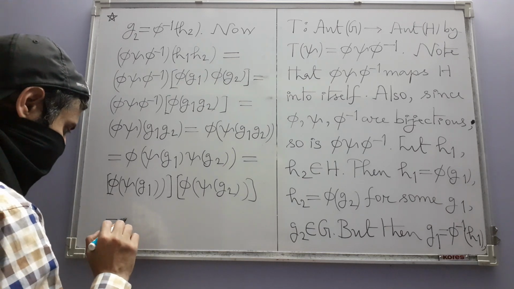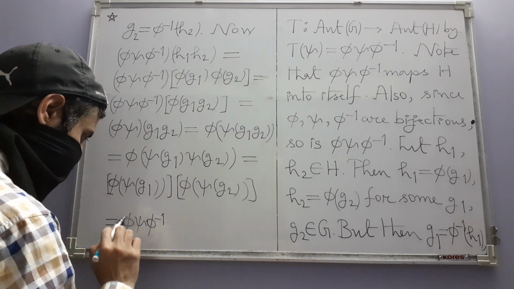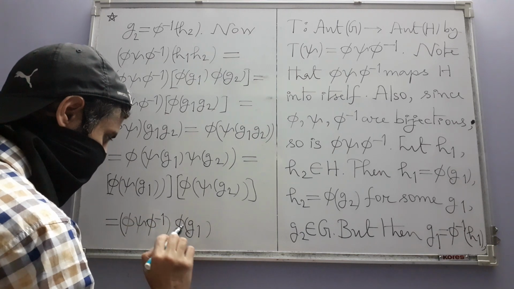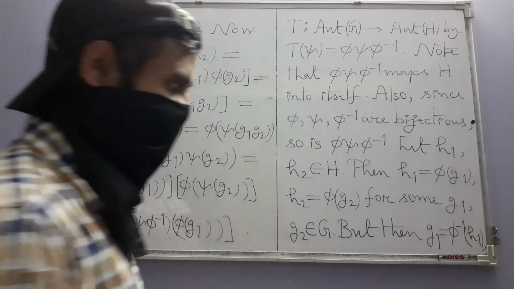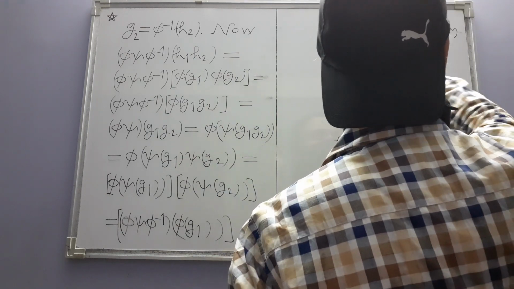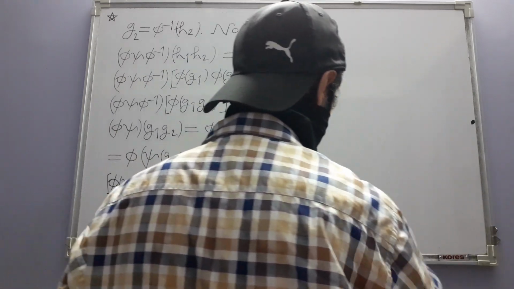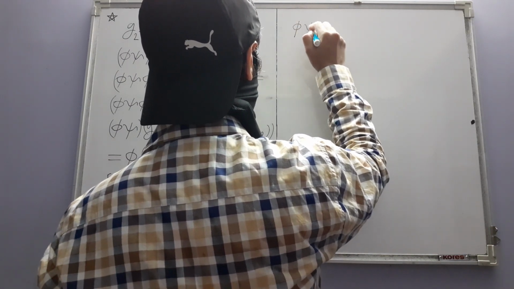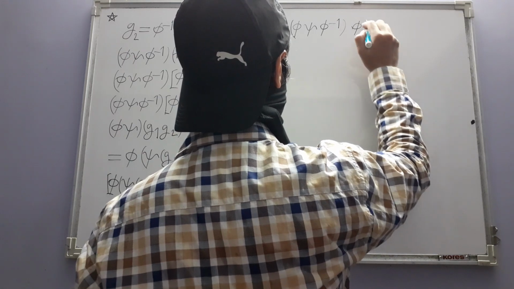And you will understand if I write things directly like this: phi psi phi inverse of phi of G1 times, I don't have space here, phi psi phi inverse of phi of G2.